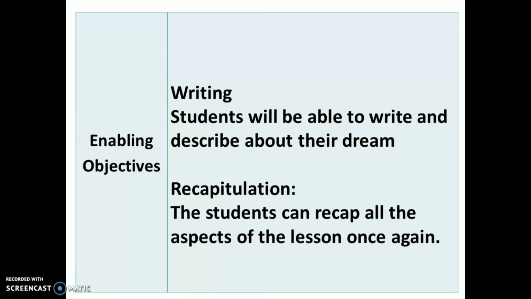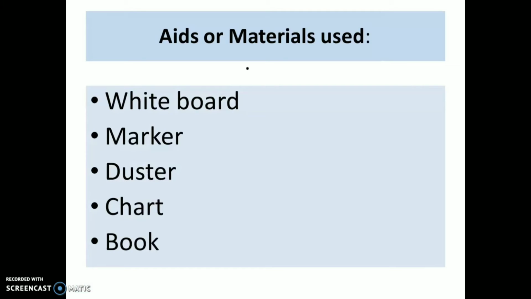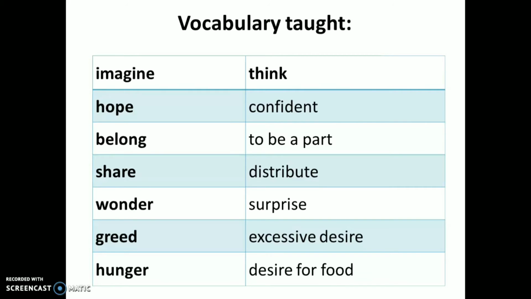The aids or materials used. Here I used whiteboard, marker, duster, chart and a book. You can use different tools as per the availability. Okay. Vocabularies taught. Here the meanings are written as per the context.